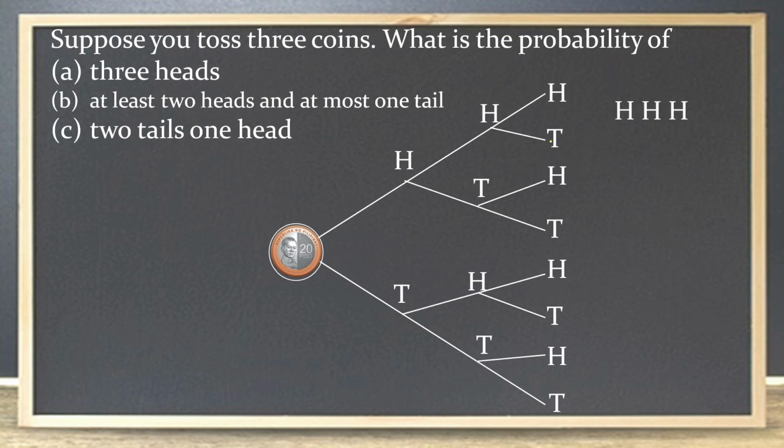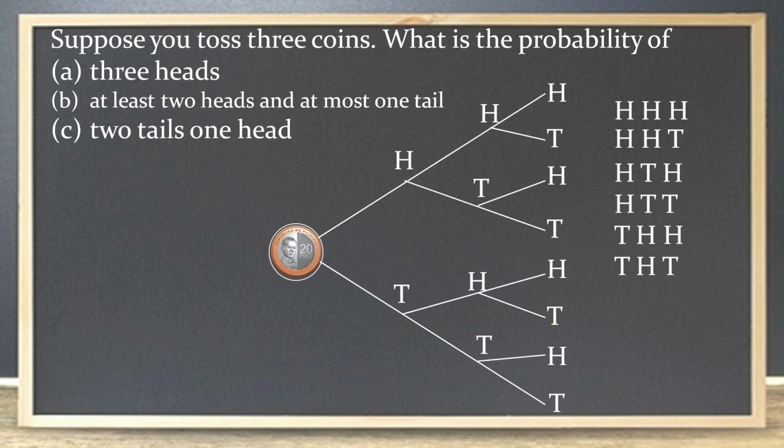So either you will have head, head, head, or head, head, tail, or head, tail, head, or head, tail, tail, or tail, head, head, or tail, head, tail, or tail, tail, head, or tail, tail, tail.